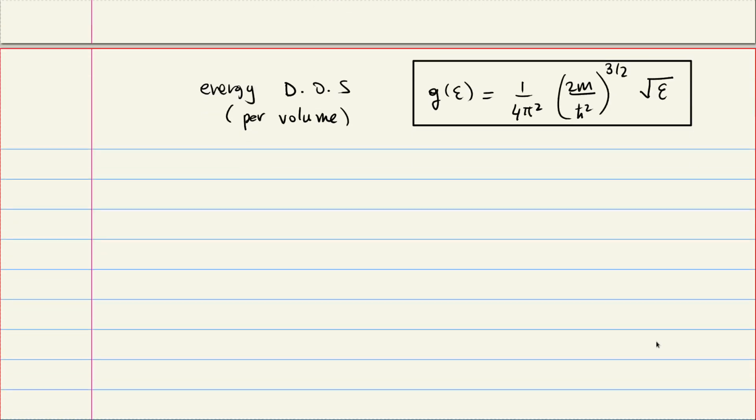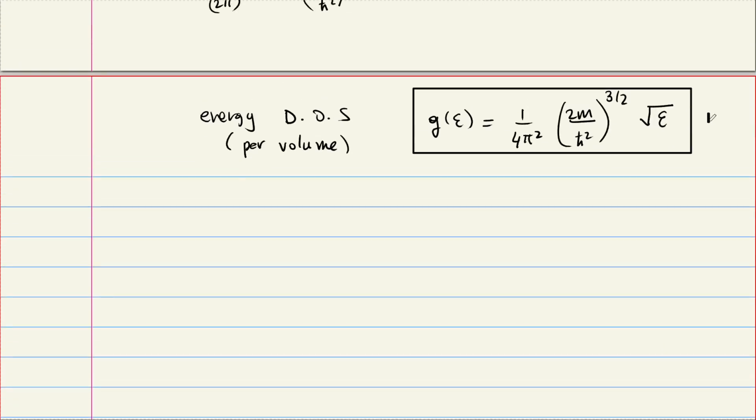This is in 3D, and this is a 3D box potential. If you draw the density of states, it's something like this, just a square root. This is G of epsilon, and this is epsilon. This is the square root of energy.